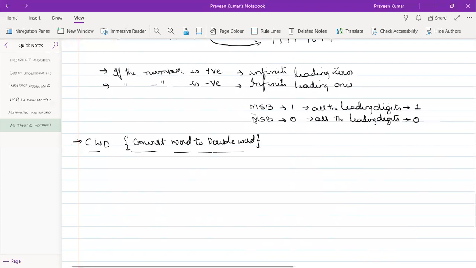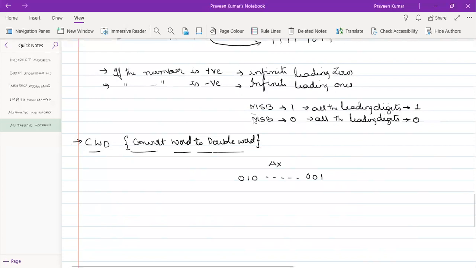It converts, that is, AX has some 16-bit number, a word, say 1 0 and so on till 0 0 1, stored in AX.